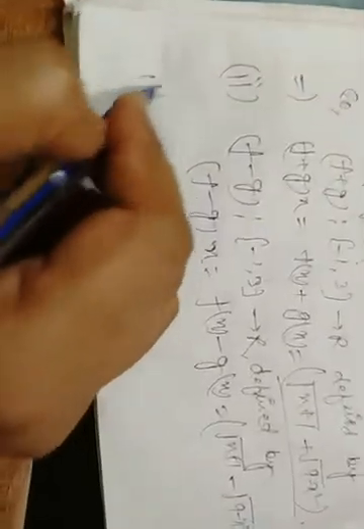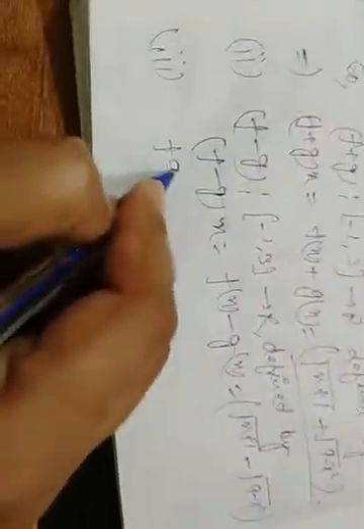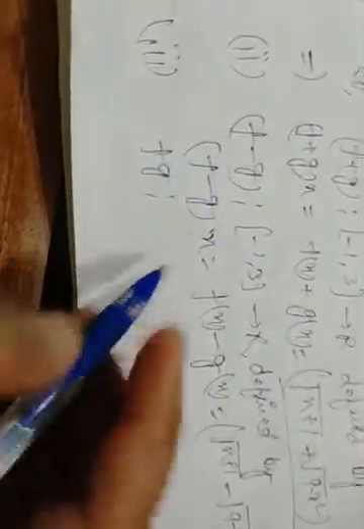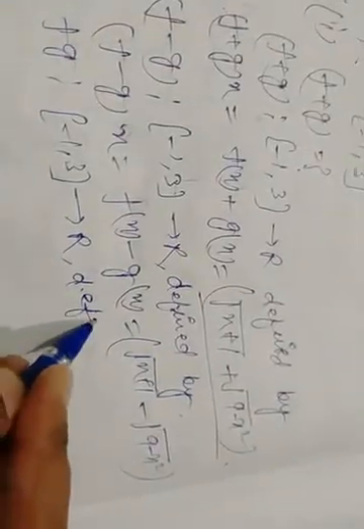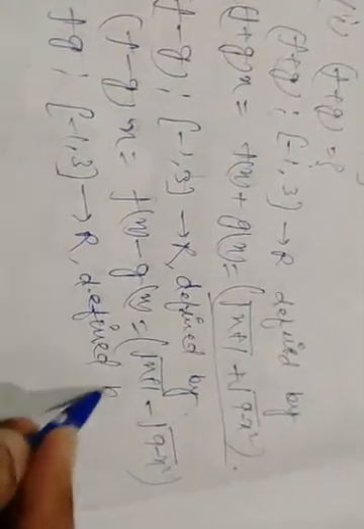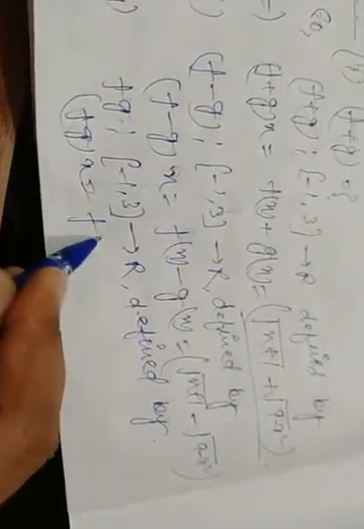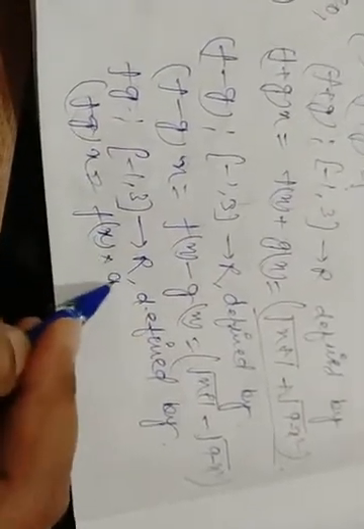Okay, now the third point, fg, the product of these functions such that minus 1 to 3 tends to R, defined by f(x) into g(x).